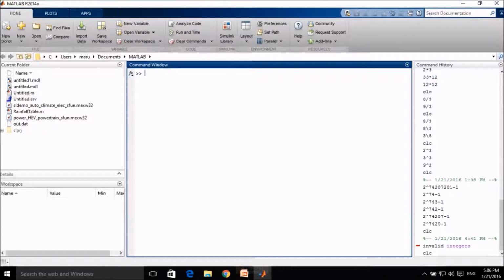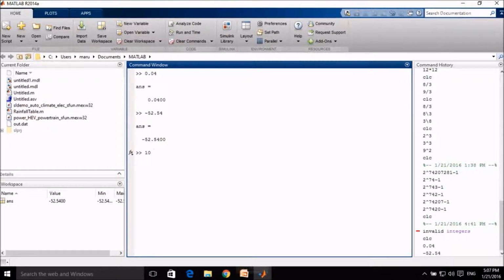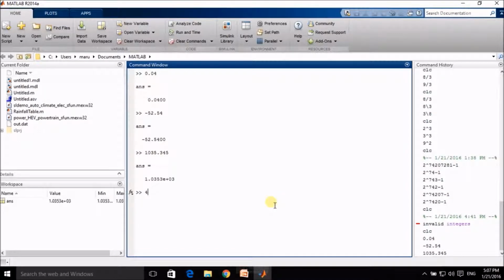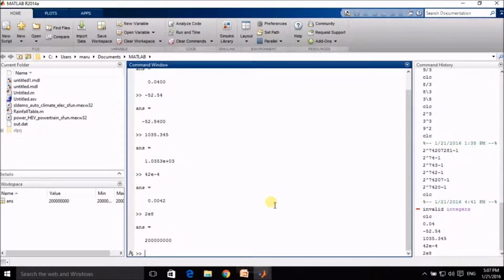For example, here I am showing you 0.04, minus 52.54, or 1035.345, or 42 e power minus 4, that is also valid, or 2 e power 8, this is also valid.